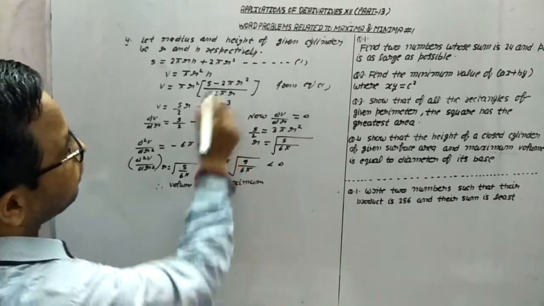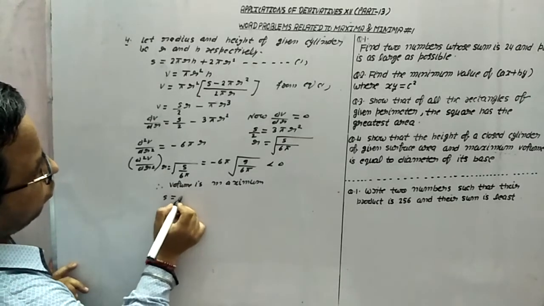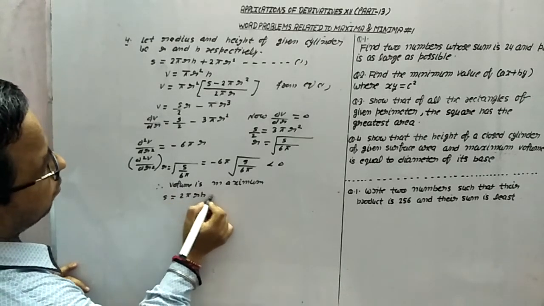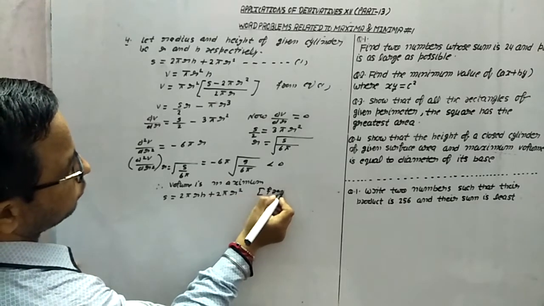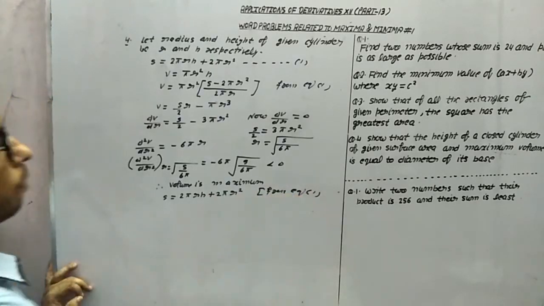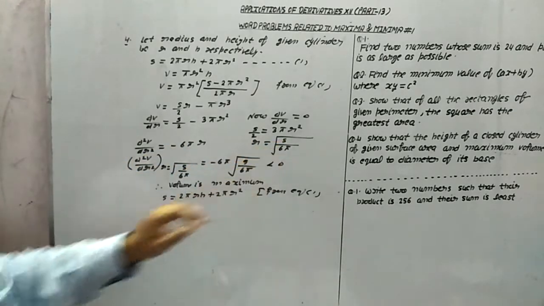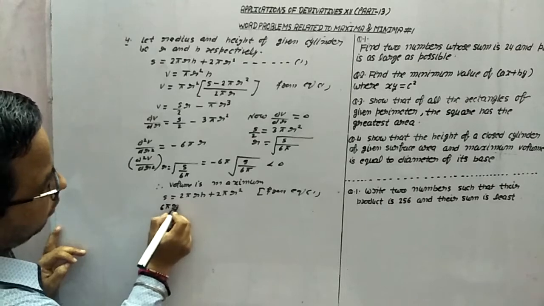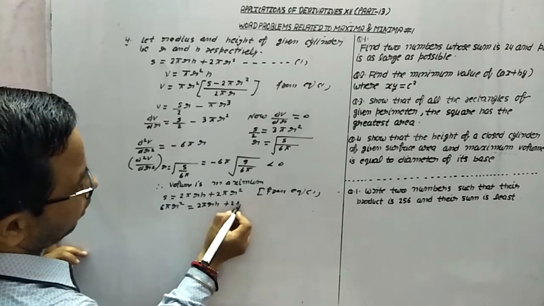Now we have to prove the second condition. We have S equal to 2 pi rh plus 2 pi r square, from equation 1. Substitute the value of S, which is 6 pi r square: 6 pi r square is equal to 2 pi rh plus 2 pi r square.